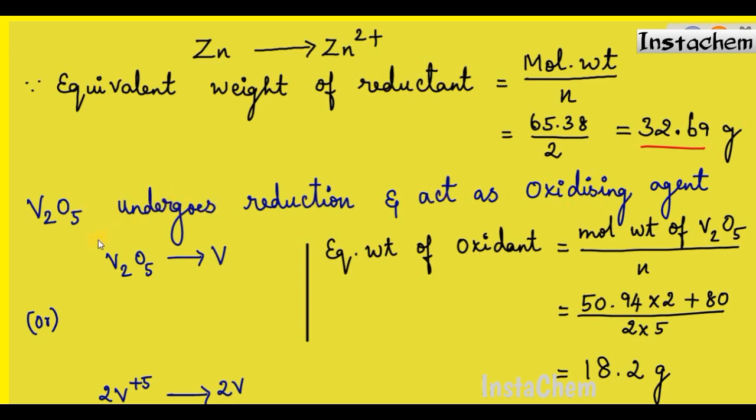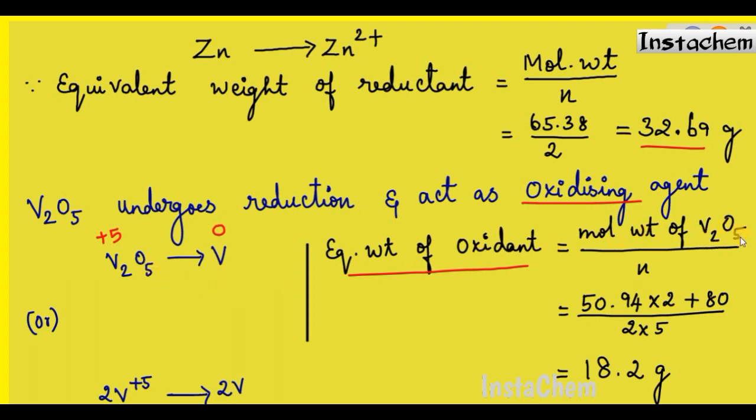Let's calculate for V2O5, which undergoes reduction and acts as an oxidizing agent. V2O5 oxidation number, just now we discussed, is 5. This side it becomes neutral. So you can write like this also, because on the left-hand side we have 2 vanadium, on the right-hand side 2 vanadium. Therefore the equivalent weight of the oxidant V2O5, known as oxidant because it undergoes reduction.